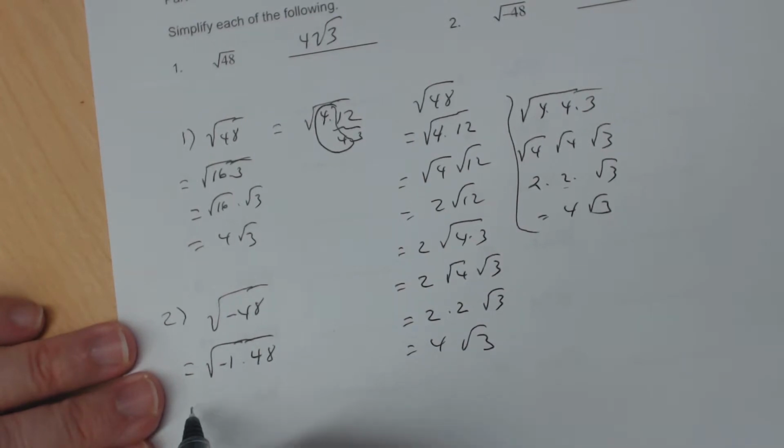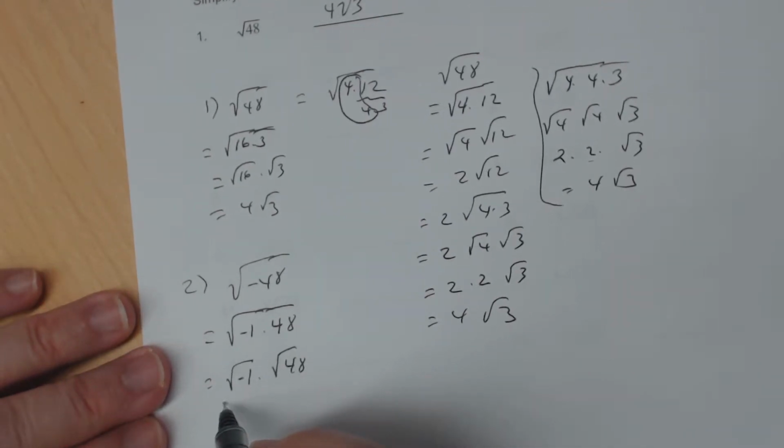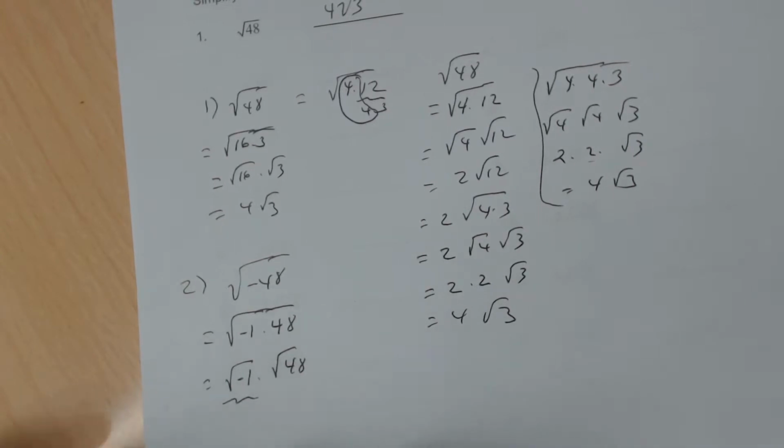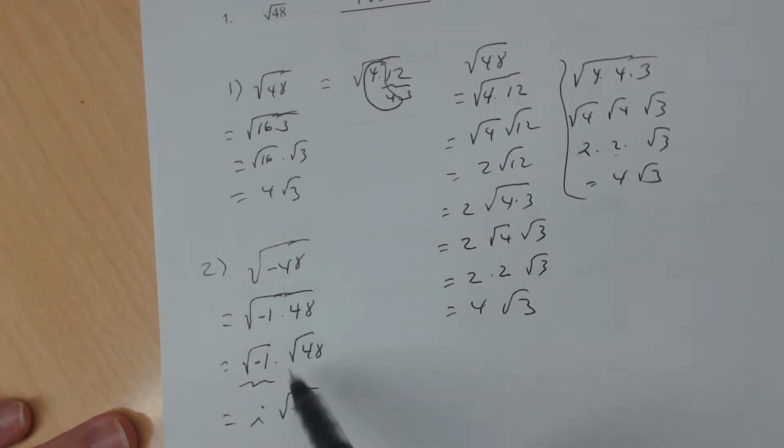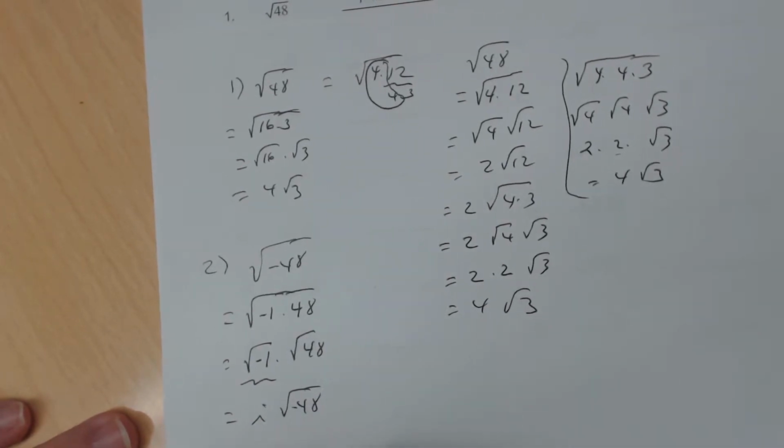And we know that I can write the square root of a product as the product of the individual square roots. And we also know that the square root of a negative 1 is the imaginary unit i. So that's i square root of 48. And based on what we discussed a while ago, we know the square root of 48 is 4 square root of 3.